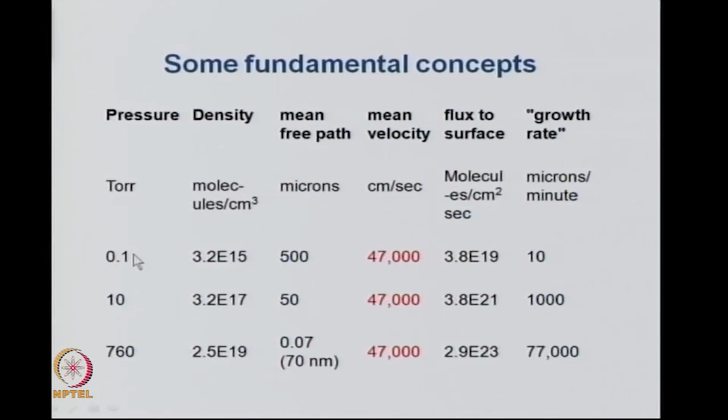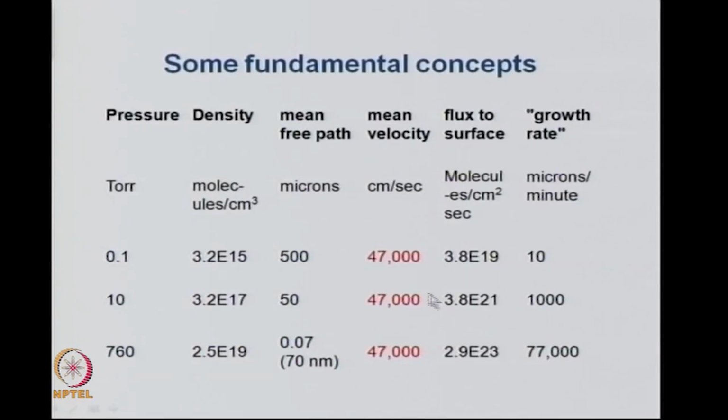At 0.1 torr of pressure, you have a 10 micron thick film growing per minute. If you increase the pressure to 10 torr, this thickness goes up to 1000 microns per minute, and at atmospheric pressure it is an enormous number of 77,000 microns per minute.